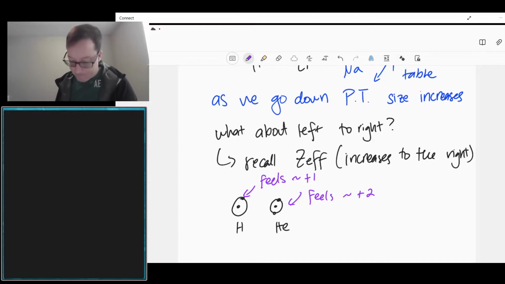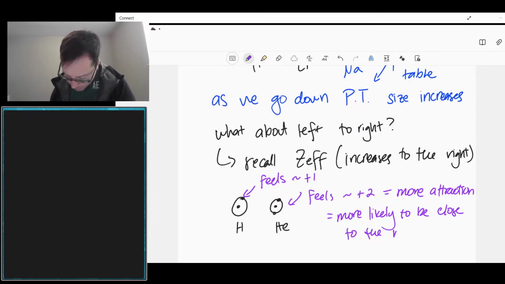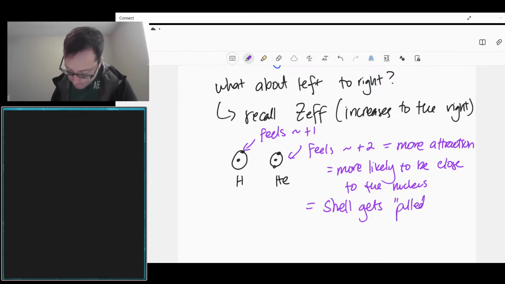And so, this means that there's more attraction, which means that it's more likely to be close to the nucleus. And as a result, the shell gets pulled into the nucleus, towards the nucleus.